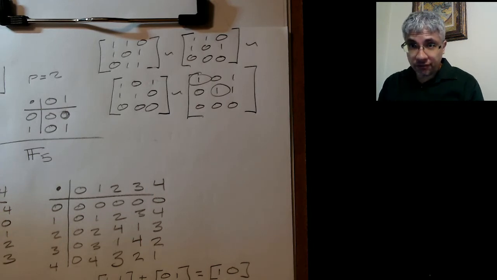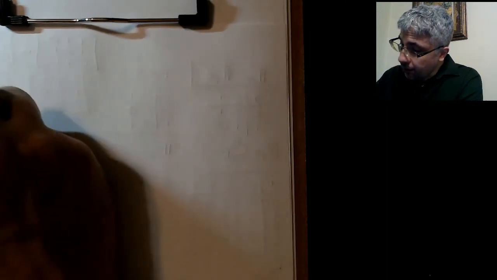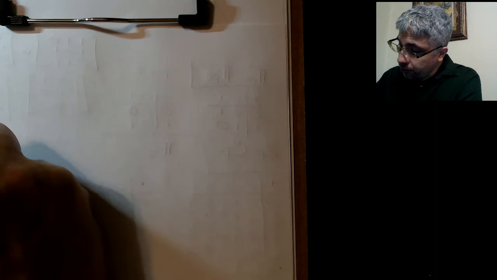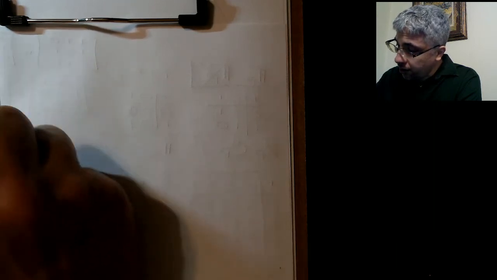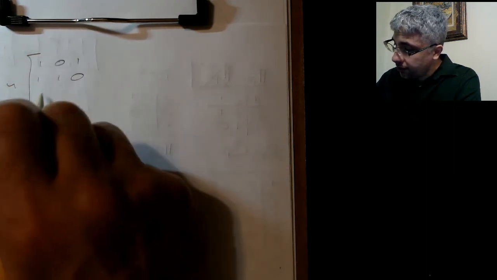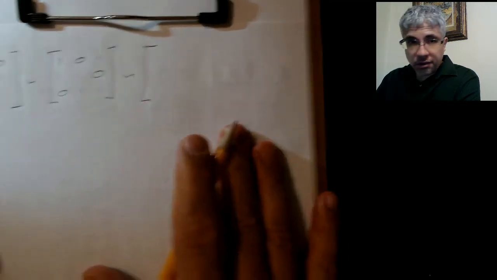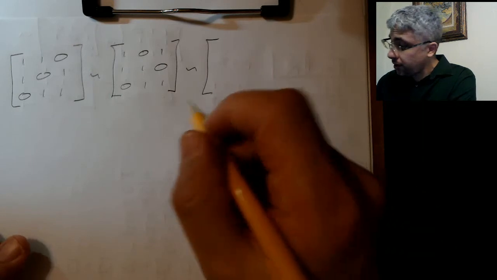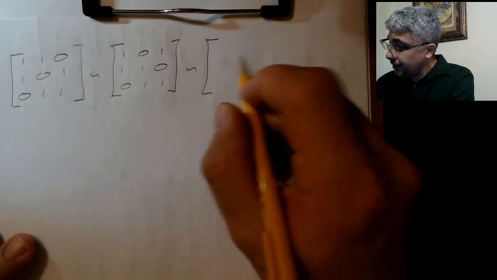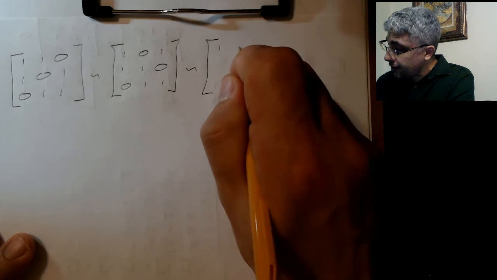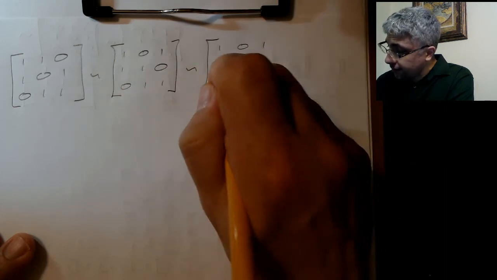So things are very different. We're not going to get a row of zeros if we try to row reduce this over the rational numbers. As a matter of fact, maybe let's do that really quick as well. 1, 1, 0, 1, 0, 1, 0, 1, 1. I will switch the second two rows, and then I'll subtract the first from the second.